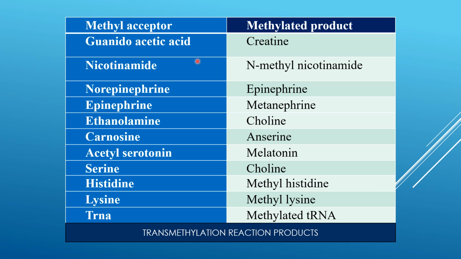Similarly, nicotinamide to N-methyl nicotinamide, norepinephrine to epinephrine, epinephrine to metanephrine, then ethanolamine to choline, carnosine to anserine, acetyl serotonin to melatonin, serine to choline, then histidine to methyl histidine, and lysine to methyl lysine.